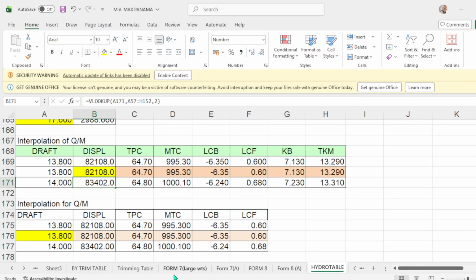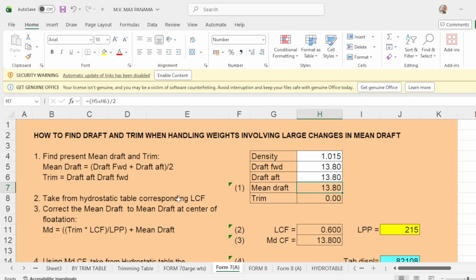Now, if we use the program, we go to Form 7. Okay. This is how to find draft and trim when handling weights involving large changes in mean draft. Okay, the local density at berth is 1.015.